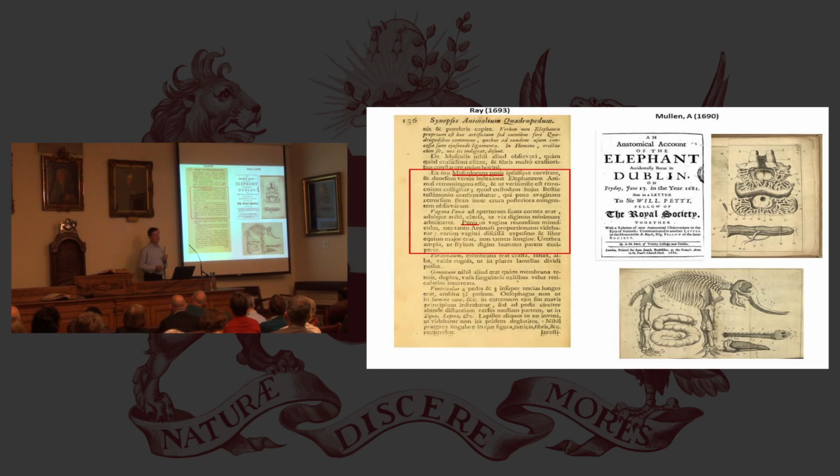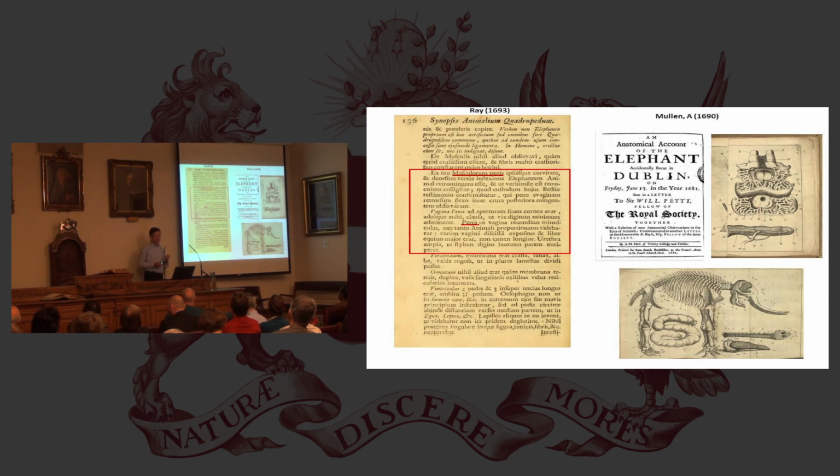Again, thanks to our colleagues who were doing this forensic dissection of Ray's text, what they realised was that Ray's text is composite, in that although he included a description of the Florence skeleton, he was also cutting and pasting bits and pieces from other people who had written about elephants.